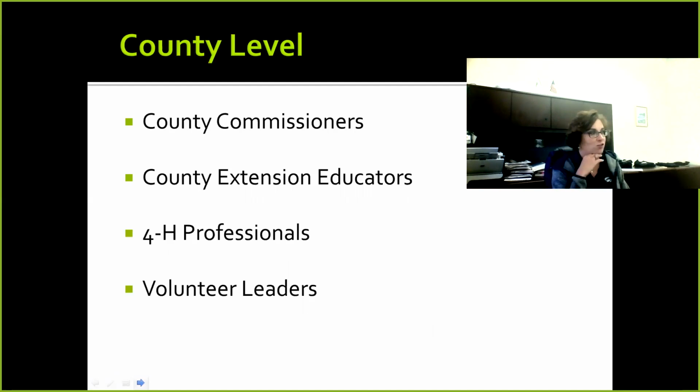Her partner just goes directly to the state, because of Nye County choosing to defund extension at the county level. But we do get our county funding from the commissioners. So they are the ones that typically will provide office space, an operating budget, so travel money, where you can buy paper and pencils and make copies and all of those pieces.